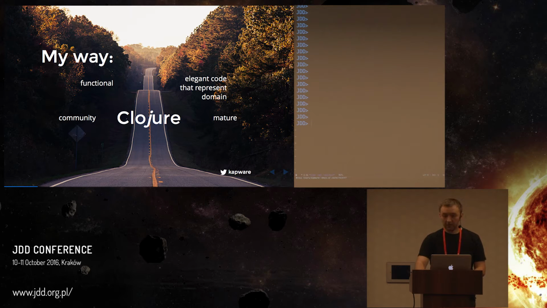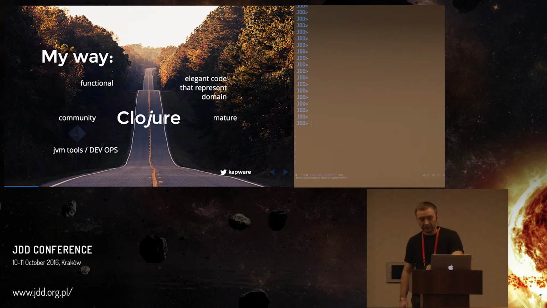And well, the requirements are really low. All you need is Java Virtual Machine version 1.6, and you can start by incorporating a single jar file into your project, and you're done.